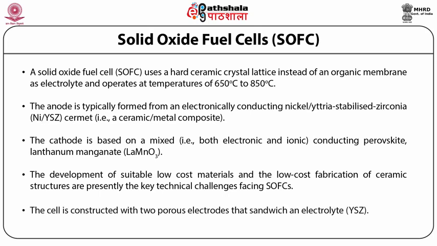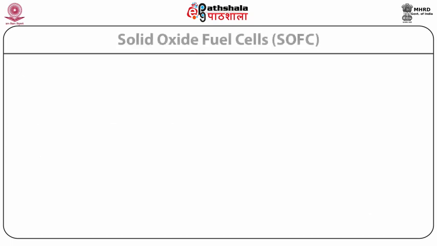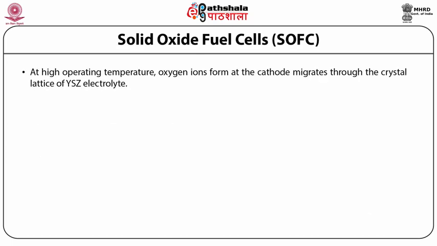The cell is constructed with two porous electrodes that sandwich an electrolyte like YSZ. At high operating temperature, oxygen ions formed at the cathode migrate through the crystal lattice of the YSZ electrolyte. As hydrogen is passed over the anode, oxide ions move across the YSZ electrolyte to oxidize hydrogen to water.